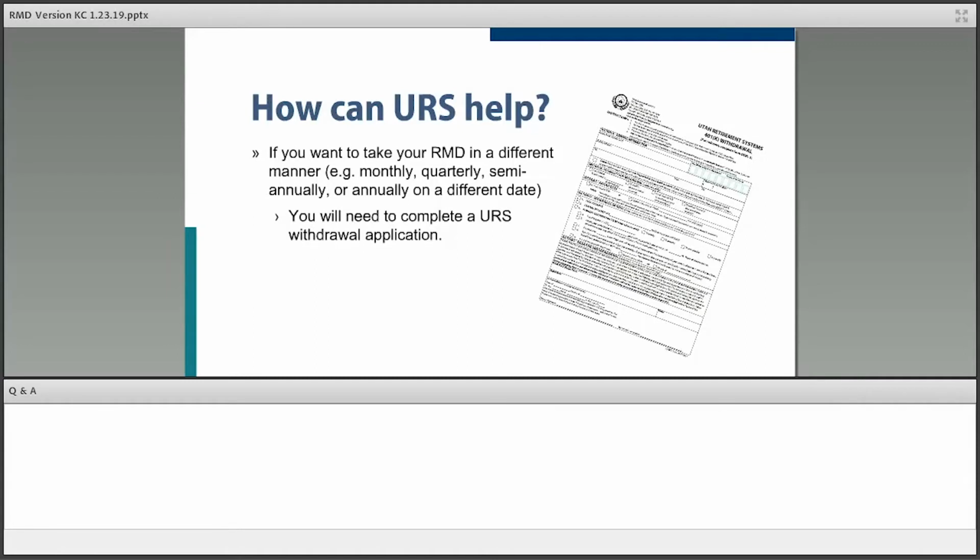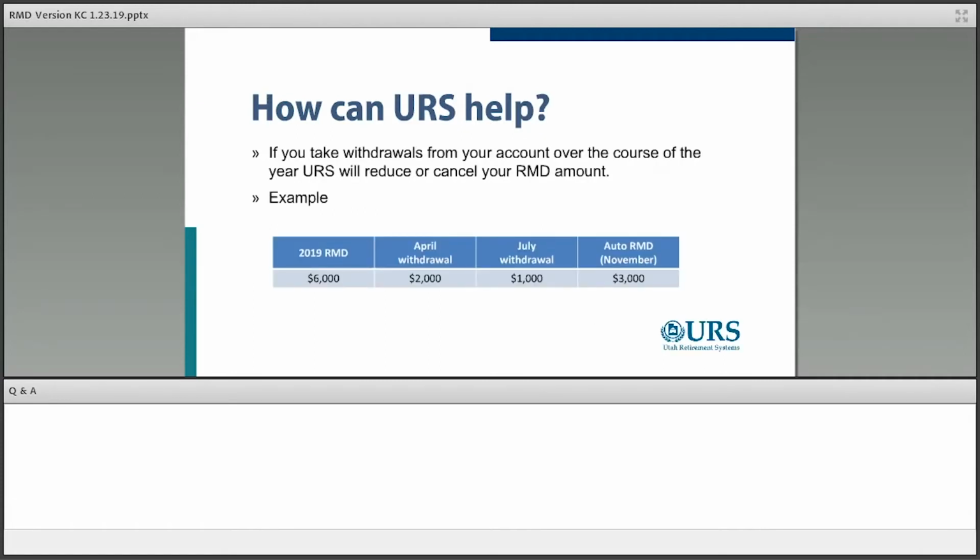Let me turn the slide here and answer a question that some of you might have in your minds right now, because this is a common one. People will say, let's say I'm due to take a $6,000 required minimum distribution at the end of the year, but what happens if I take out some withdrawals throughout the year?